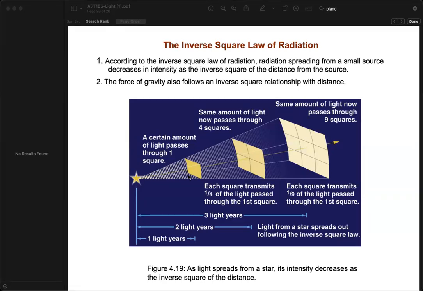And so the light gets distributed into 4 squares, and therefore the intensity becomes 1/4. Then if you go to 3 light years, it goes through 9 squares and intensity becomes 1/9, right? In the same way, if you go to 4 light years, it will become 1/16. At 5 light years, it will become 1/25, and so on. So that's how the intensity changes with distance.